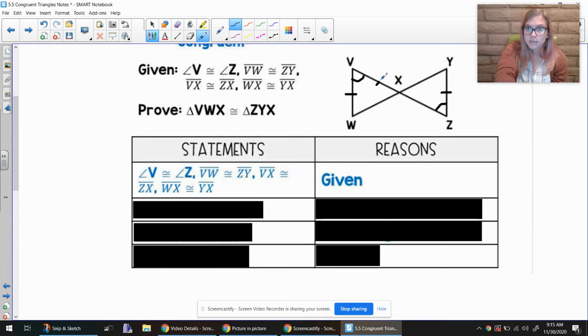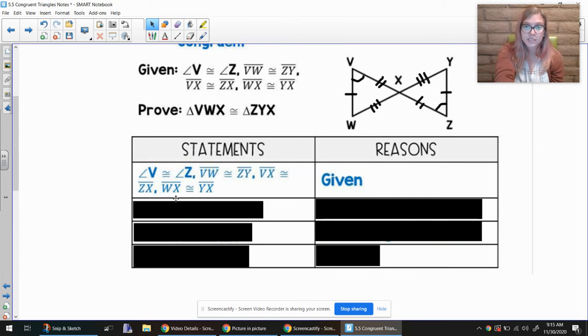VX is congruent to ZX. And my last, WX is congruent to YX. We want to prove that the triangles are congruent. So we're given all this information. We already know that all three sides are congruent. So that's awesome. We're almost ready to prove it.